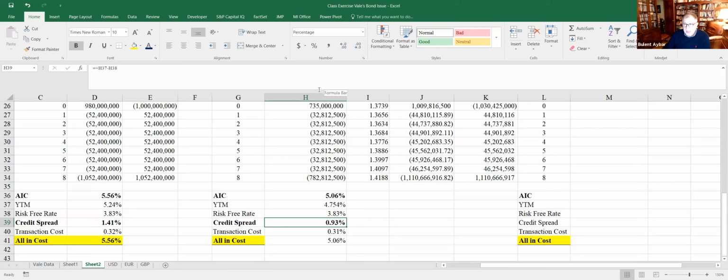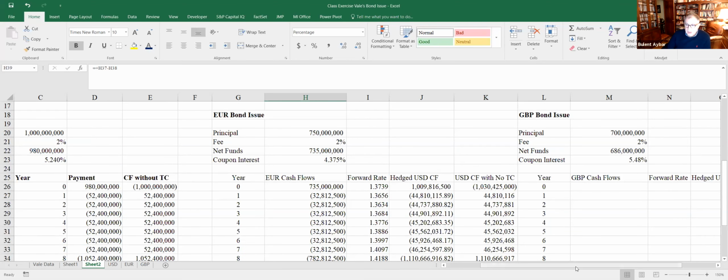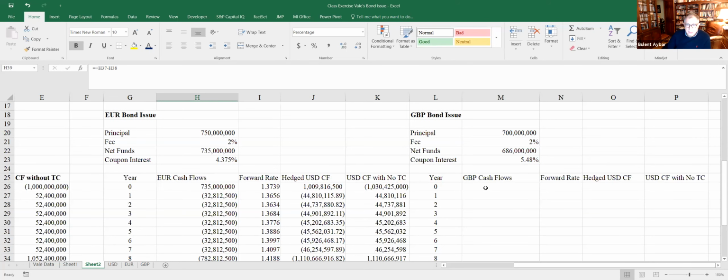So let's try the same thing to see what we will find out in the pound segment. Let's look at the pound deal here. It is a 700 million face value issue with 2% transaction cost. Net funds are going to be 686 million pounds, and the coupon interest is 5.48%.